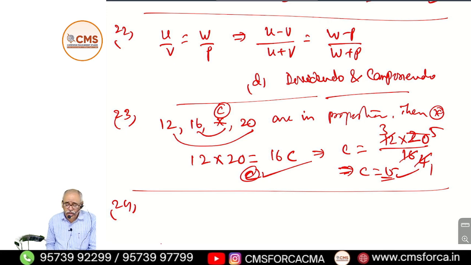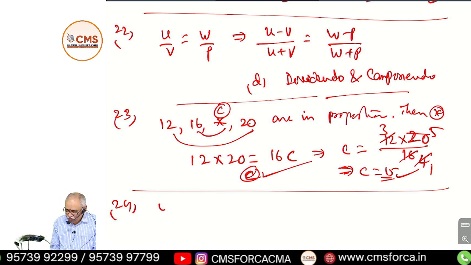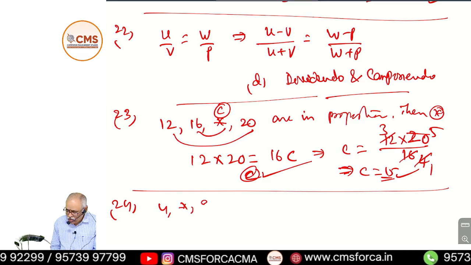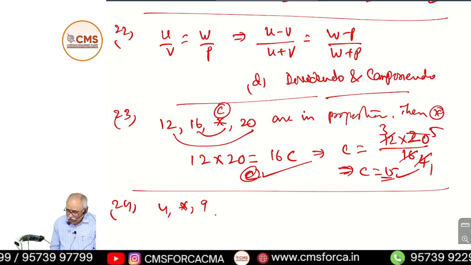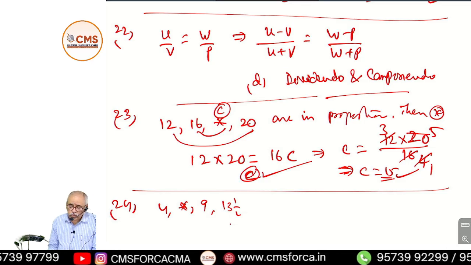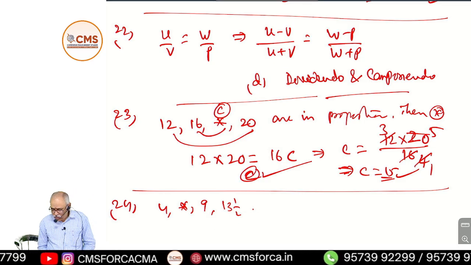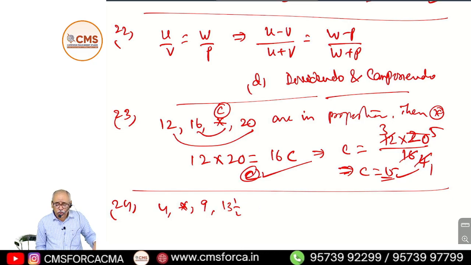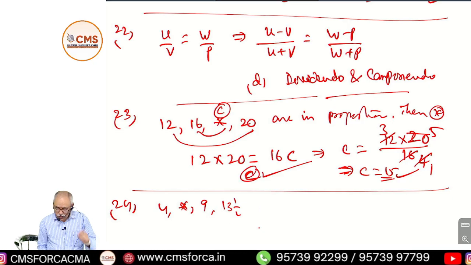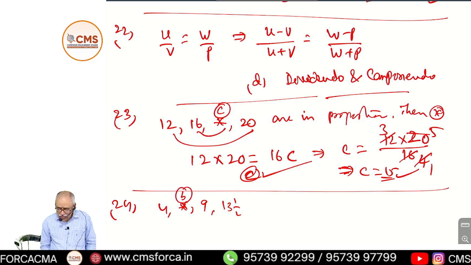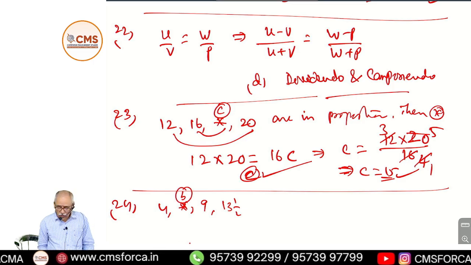24. Question number 24. 4, star, 9, 13 1 by 2 are in proportion. Then star is, generally we will consider b.